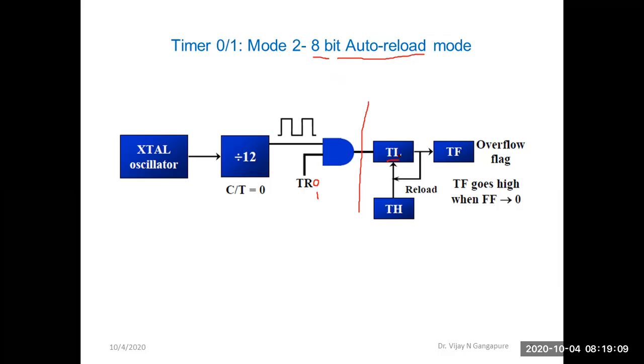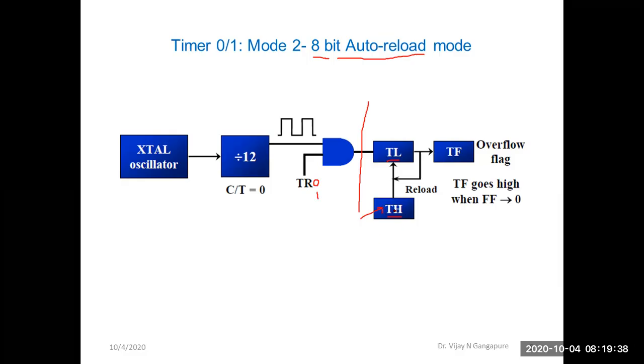Count in TL will get incremented due to these pulses. For that we also have to use the higher order timer register, that is TH. So TH should be initialized with the initial count value that is derived to get the desired time delay, and that should be loaded into this TH register.